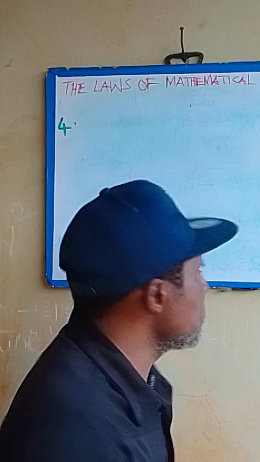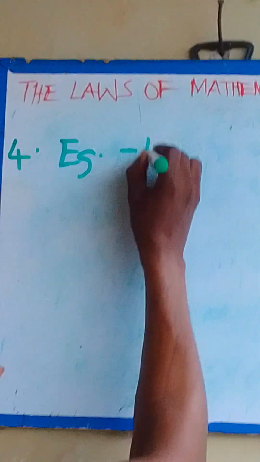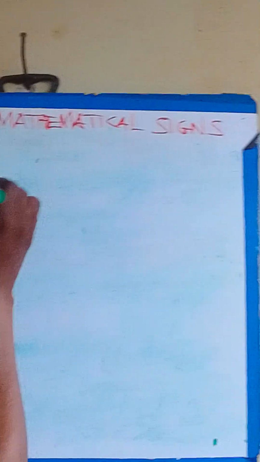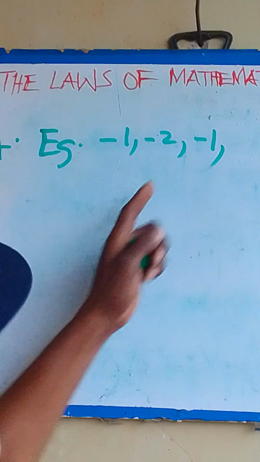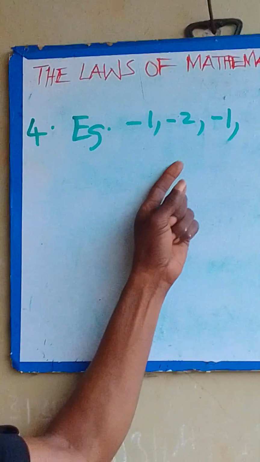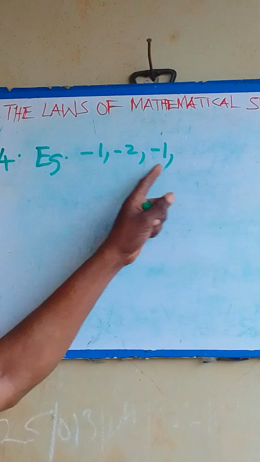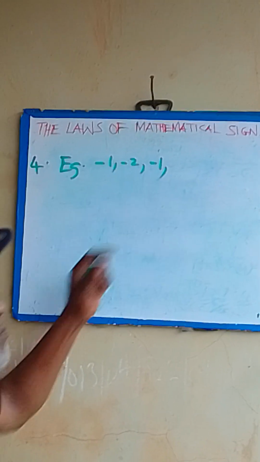For example, minus 1, minus 2, minus 1. This is an odd negative sequence. You can see that negative numbers are arranged in an odd form, 1, 2, 3.